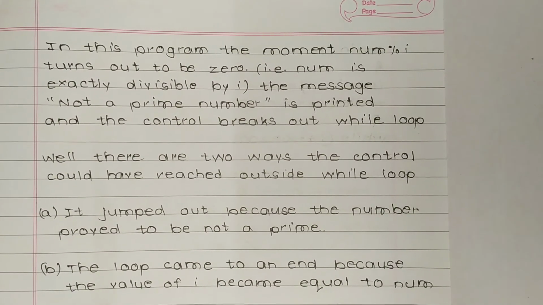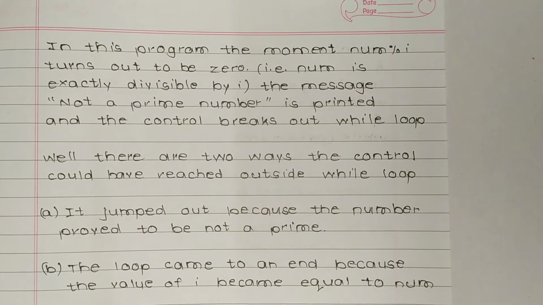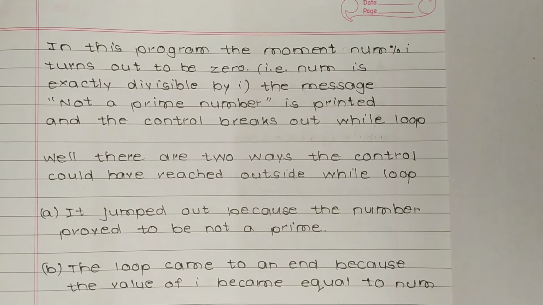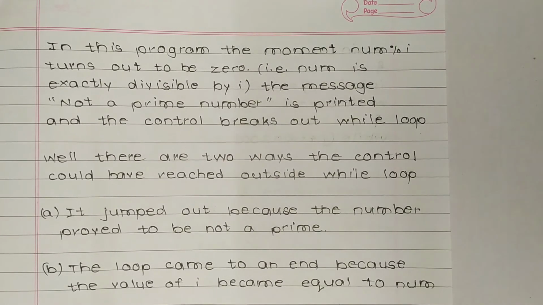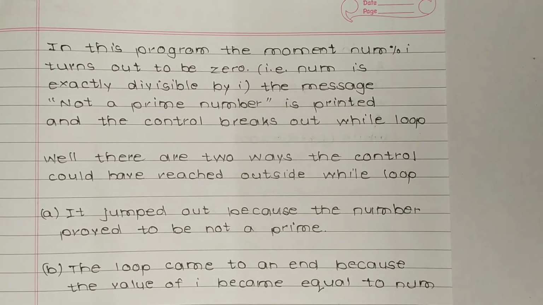In the program mentioned above, the moment num % i turns out to be 0, that is num is exactly divisible by i, the message not a prime number is printed and the control breaks out of the while loop.